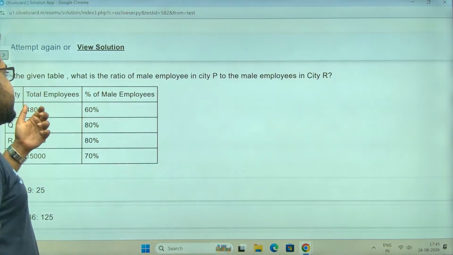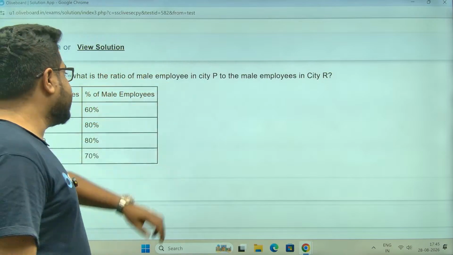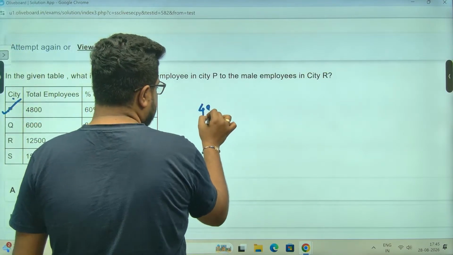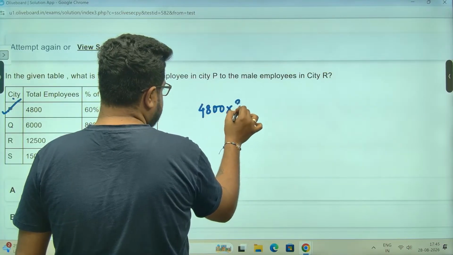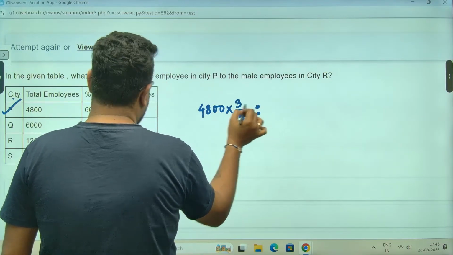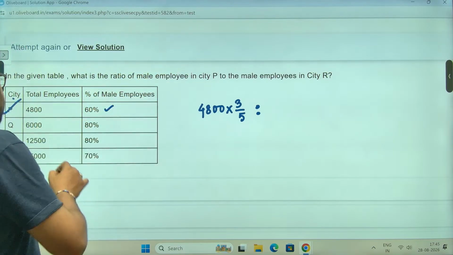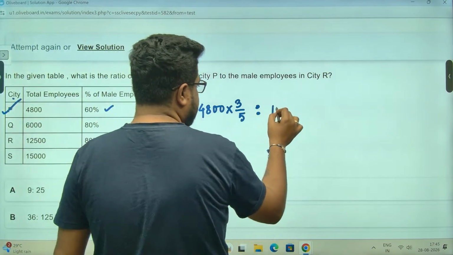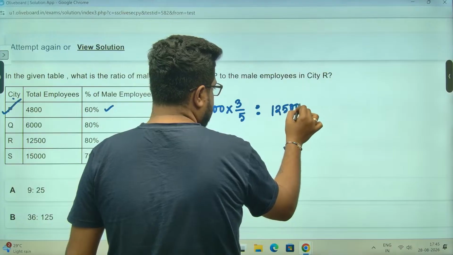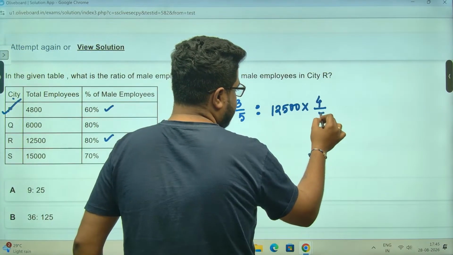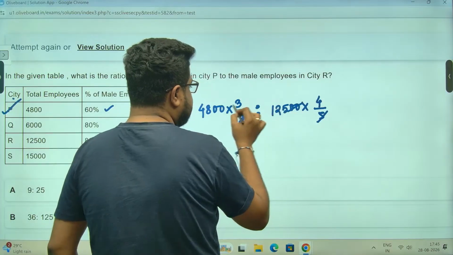Sir, next one. What is the ratio of male employee in city P? City P 4800 into 3 by 5, sir. Right? 60% male. And male employees in city R 12,500 into, sir, 80%, meaning 4 by 5. 5 gone, 00 gone.